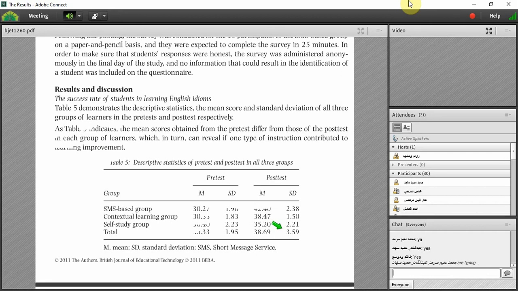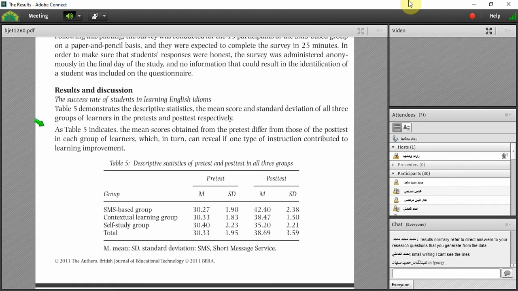It may be hard for you to understand the relationship, but I summarized the findings for Table 5 here by writing a few lines about it. We have all the information here in numbers, but you need to tell the readers a few lines about the most significant findings. That's it.